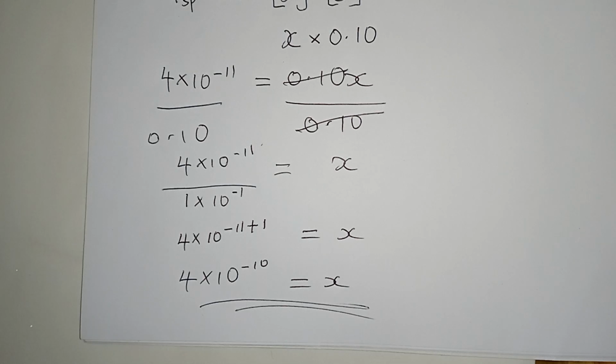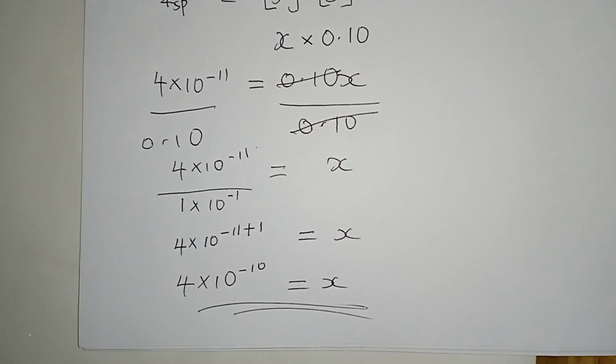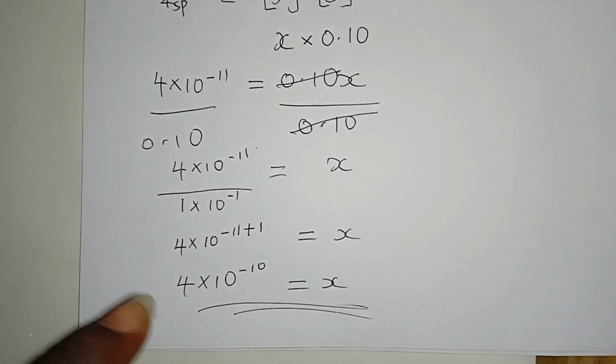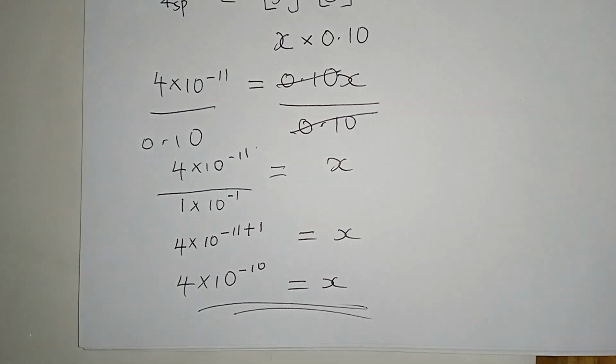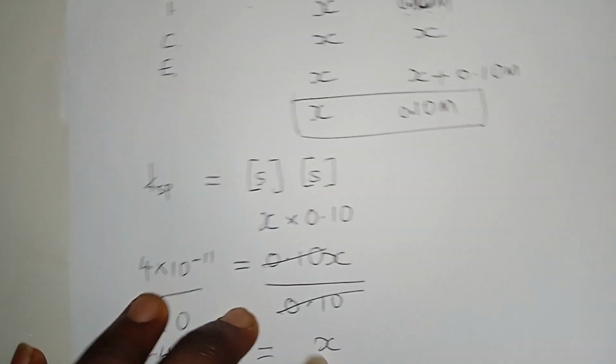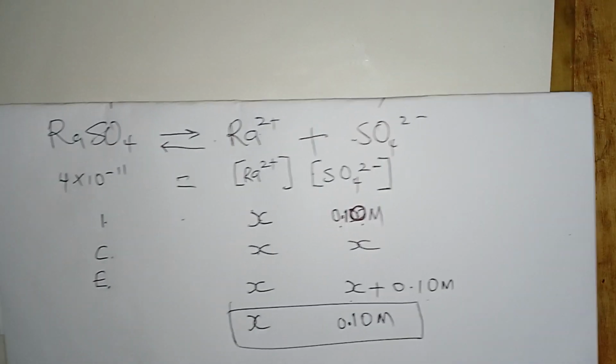When a common ion is found in another salt, it will decrease the solubility. So the sulfate in sodium sulfate is affecting the radium sulfate, so that we now get 4 times 10 raised to the power minus 10. So I believe this is the solution to the question you have in your textbook.